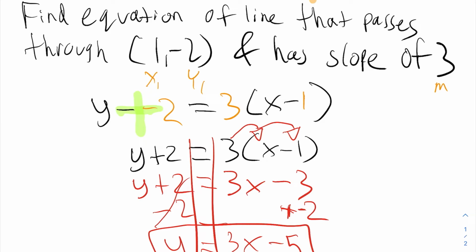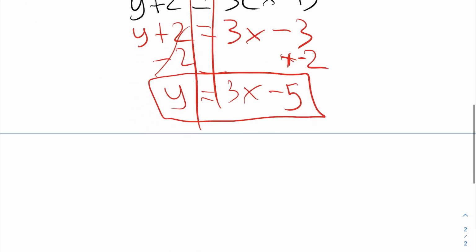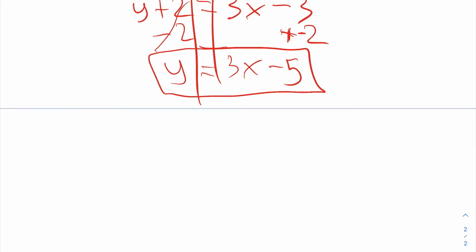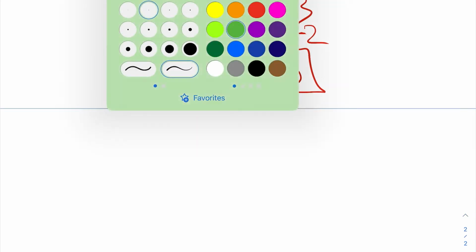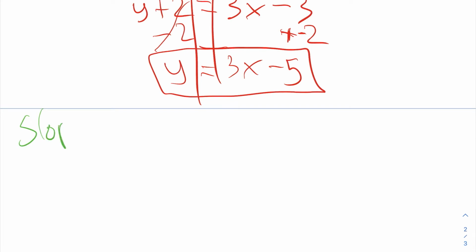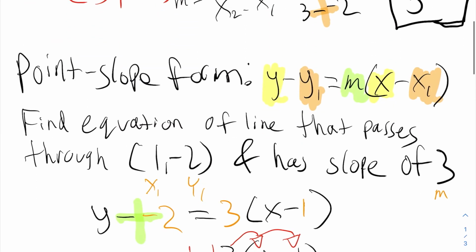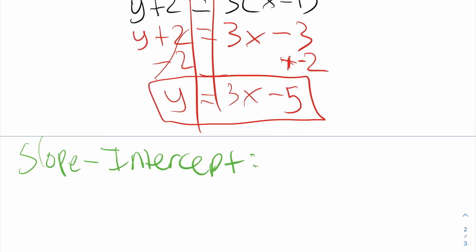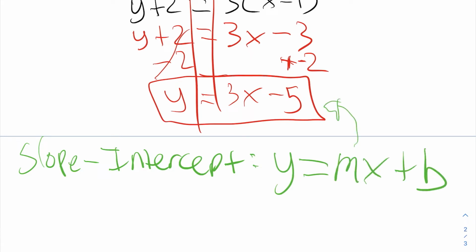Now, this formula is called slope-intercept form, okay? So let's talk about slope-intercept form. Point-slope form was the one we just did, and now we're going to do slope-intercept, which is y equals mx plus b.